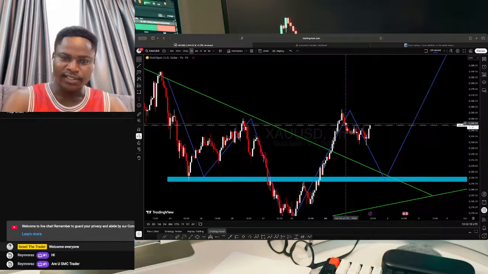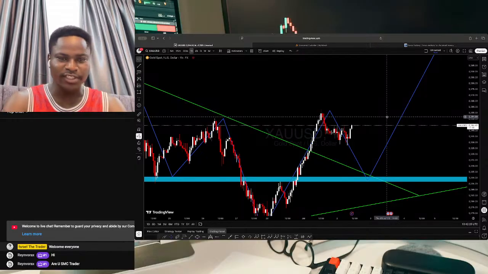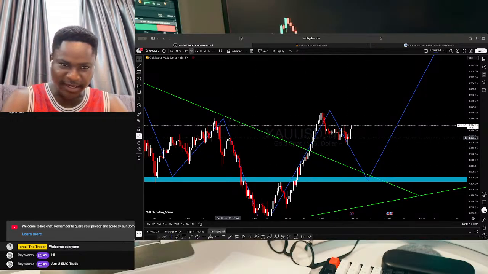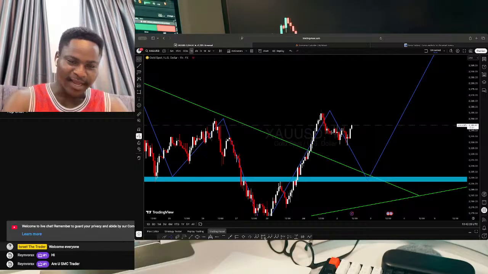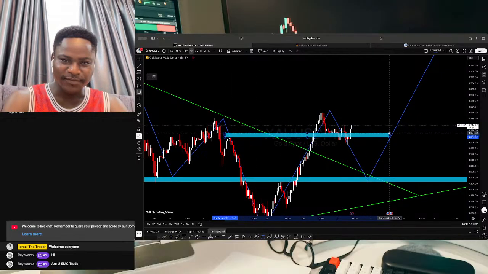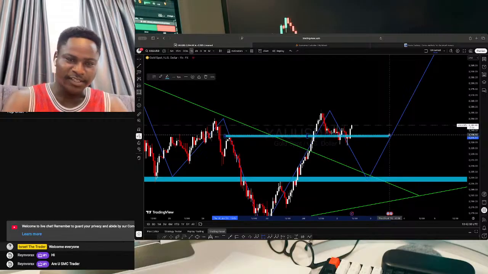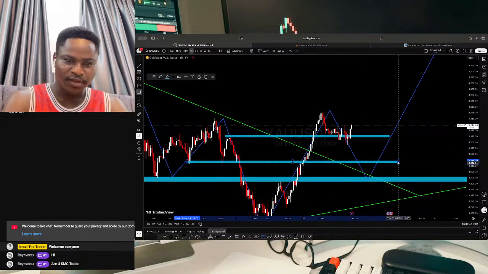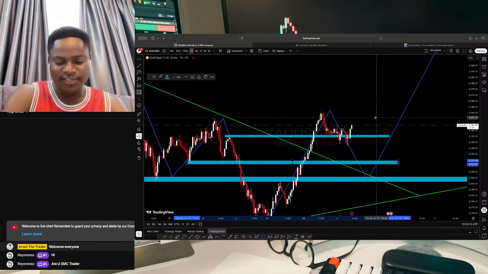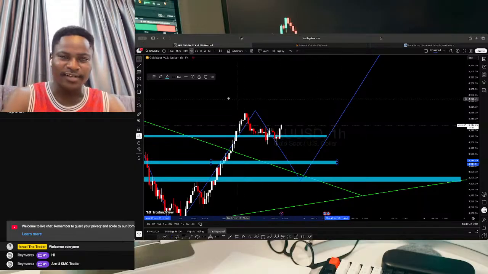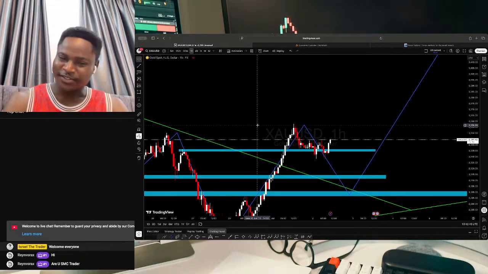I was saying if gold is able to come down to this point, then I'll be interested in buying. But gold was like, come on, Israel, don't you see this particular level here? I was like, nah, not interested in that. So at this level, gold decided to react, and we had these levels here as well. But gold just decided to continue to go up.